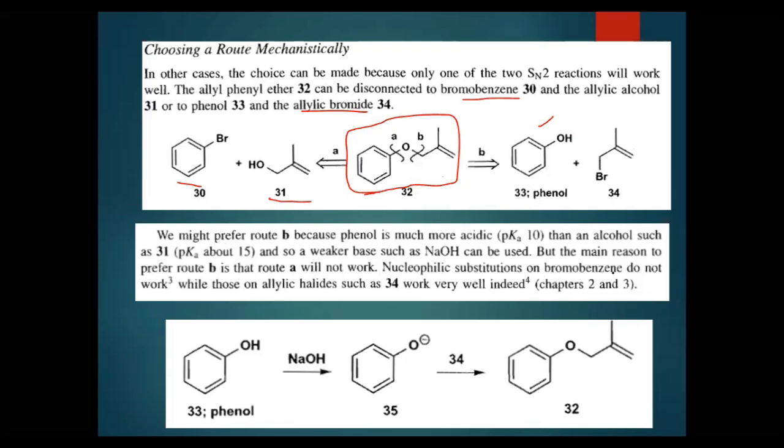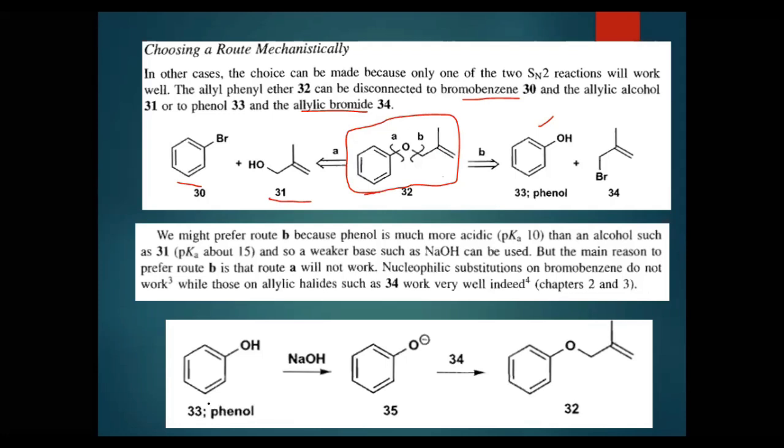Nucleophilic substitution on bromobenzene does not work, while those on allylic halides, such as 34, work very well indeed. You can check these kinds of reactions in chapter 2 or 3 of the retrosynthesis analysis by Stuart Warren.